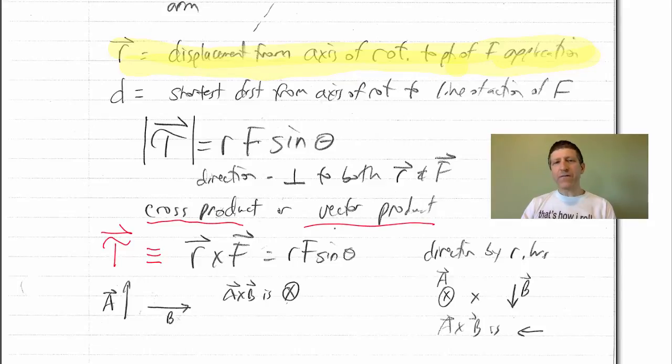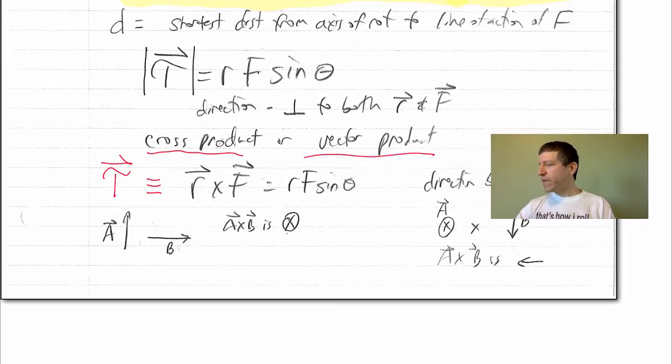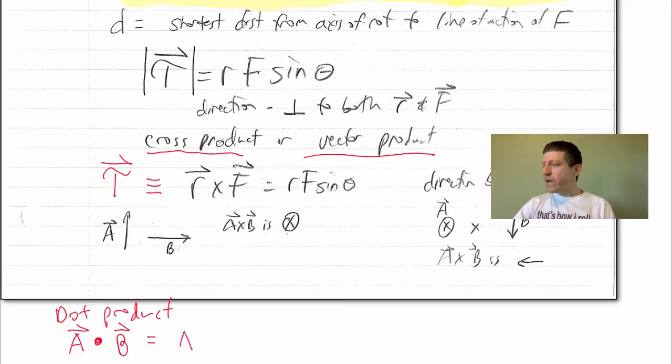And it's kind of the opposite in many ways as the dot product. And let's just do a quick comparison of these two. Notice that the dot product, A vector dotted on B vector, the magnitude is AB cosine of theta.